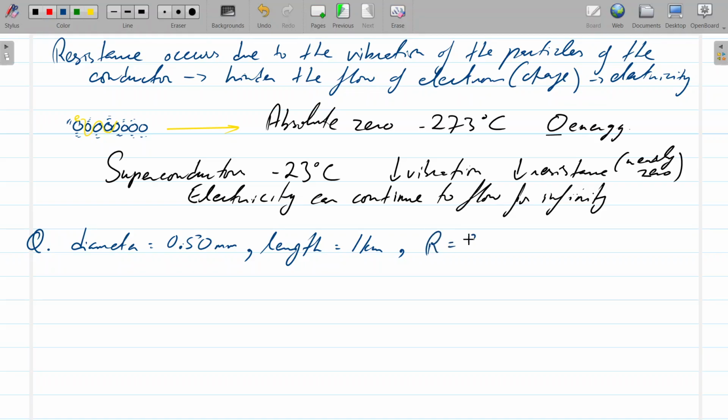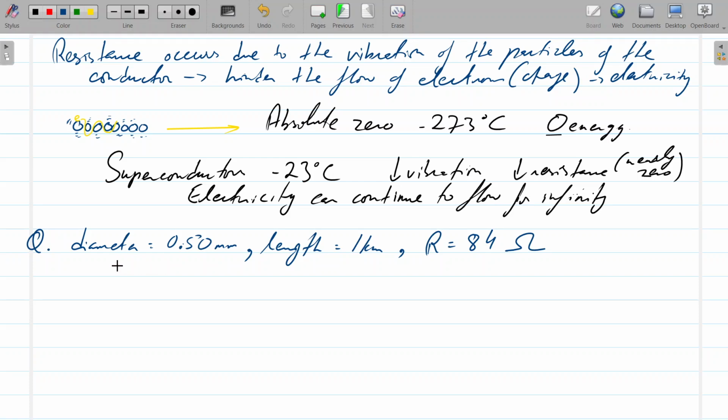So R equals 84 ohms. What they're asking you to calculate is the resistance of a wire of the same material and diameter with a length of 500 meters.